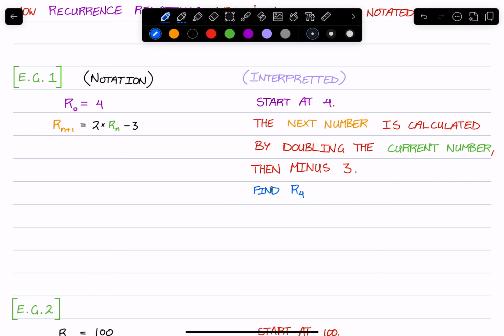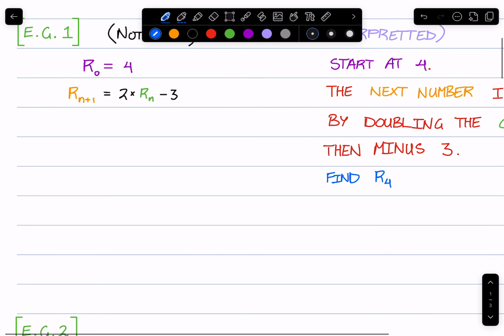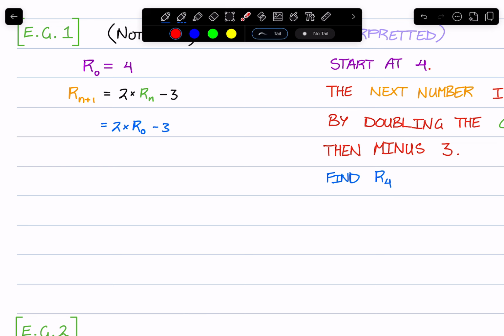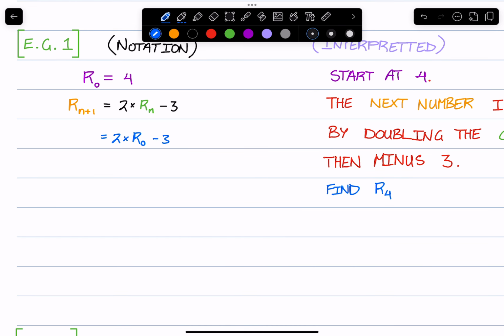Now, I could talk a lot more about this, but I'll just demonstrate what this calculation would look like. Currently, we are at R0. So 2 times R0 minus 3. That will get us n plus 1, which gives us R1.